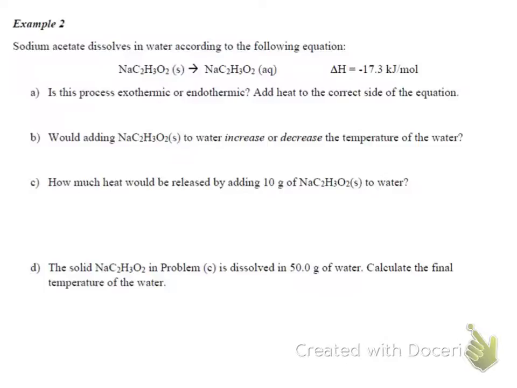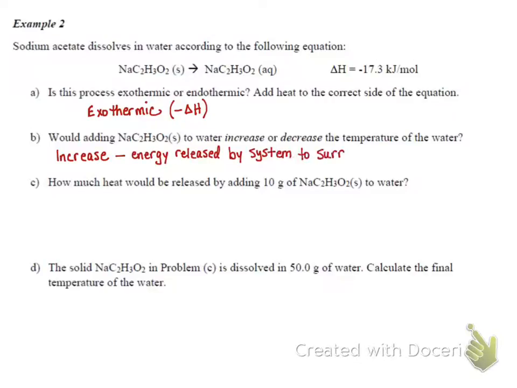So is this reaction, or process, sorry, exothermic or endothermic? Because it is a negative delta H, it is going to be exothermic. So therefore, adding sodium acetate to water is going to increase the temperature of the surroundings because it is exothermic, so energy is released in this process.